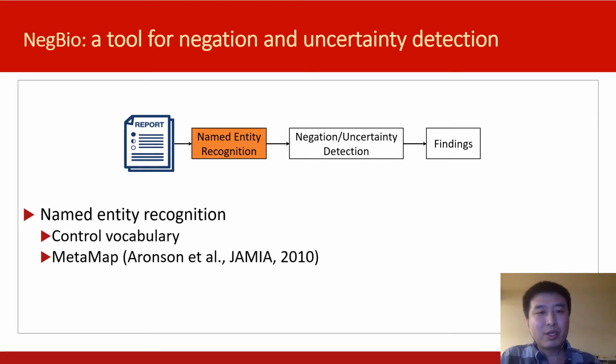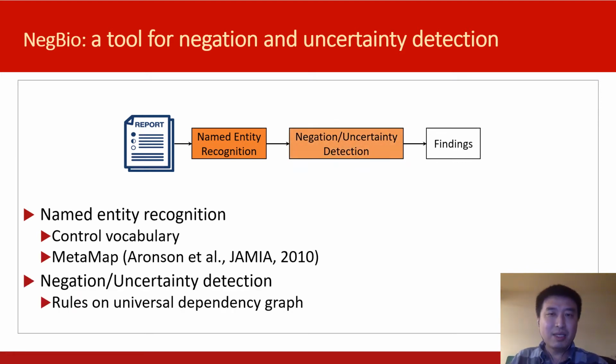We can either use a rule-based recognition tool with a controlled vocabulary, or we can use some machine learning-based methods to detect those findings from the reports. And in the second pass, we differentiate negative and uncertain findings from the positive ones. Here we can apply rules on universal dependency graphs to differentiate them. I will describe more details in the next slides.